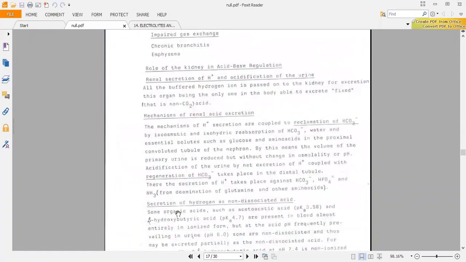Now, let's see how the kidneys work. For the lungs, I've already told you how they work, by breathing out carbon dioxide. But let's see how the kidneys work. Let's take someone with high H plus levels, or someone with acidosis.